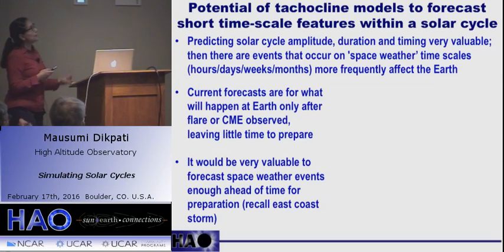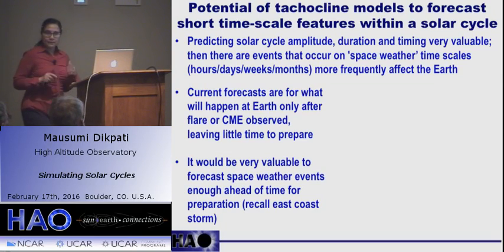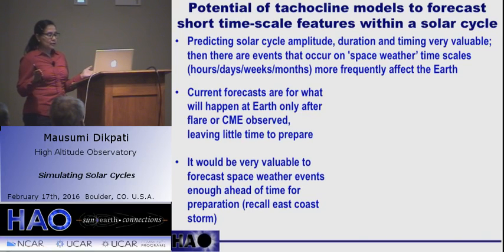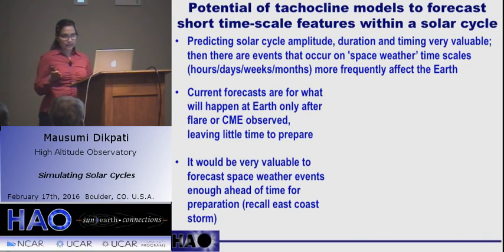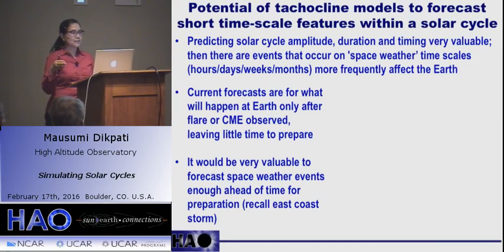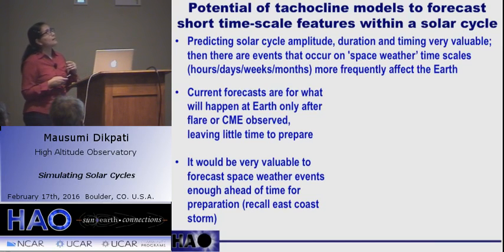Predicting solar cycle amplitude and duration and timing are very valuable. However, imagine one scientist can get the opportunity to study about 2 or 3 solar cycles. There are features within a solar cycle, which are short time scale features, that can more frequently affect the Earth.